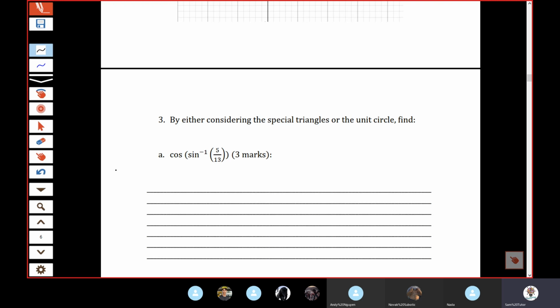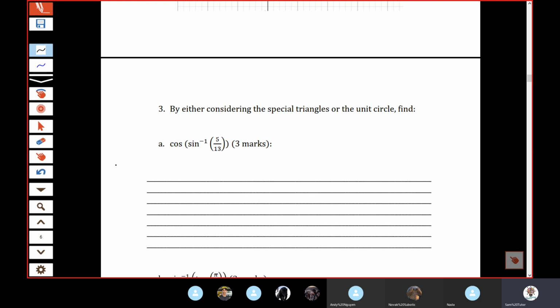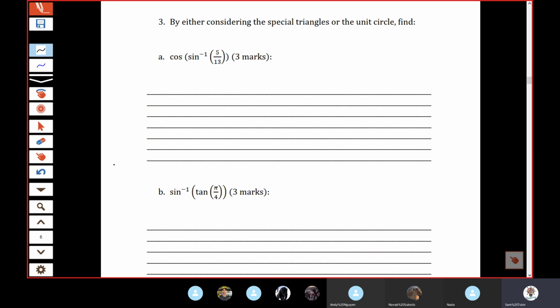By either considering the special triangles or the unit circle, find. All right, let's do these 3 marker questions. That's what it's trying to say.